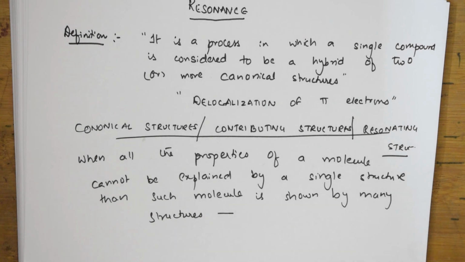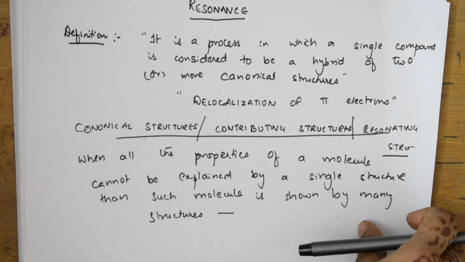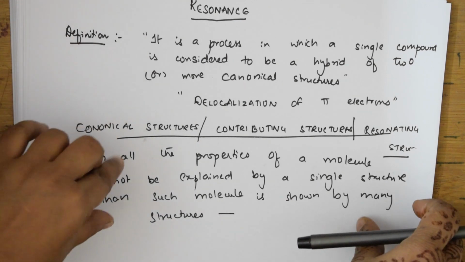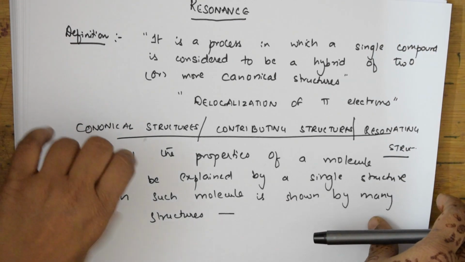Now I'll take you into examples of how to draw resonating structures or canonical structures. But before that, you need to know some more important concepts. I have learned the definition and the meaning of canonical structures.